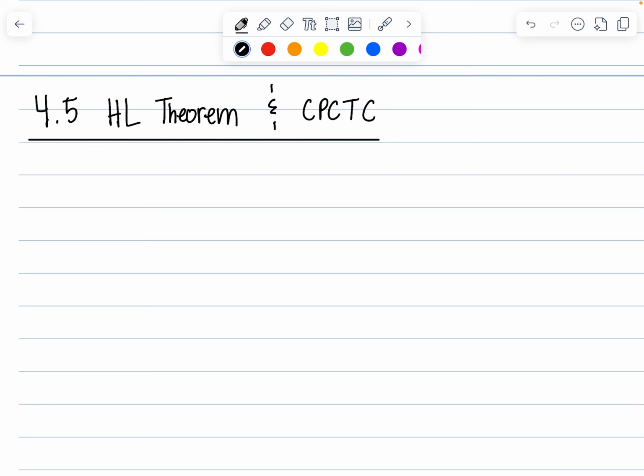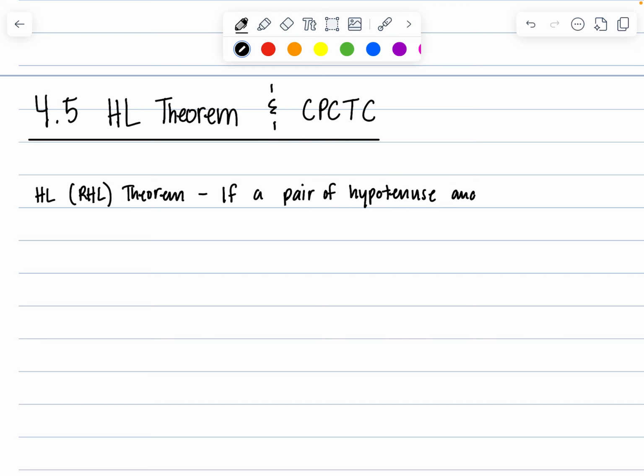So, HL theorem, and I'm going to actually call this RHL in parentheses, states that if a pair of hypotenuse and legs. Now remember, hypotenuse only occurs in right triangles.